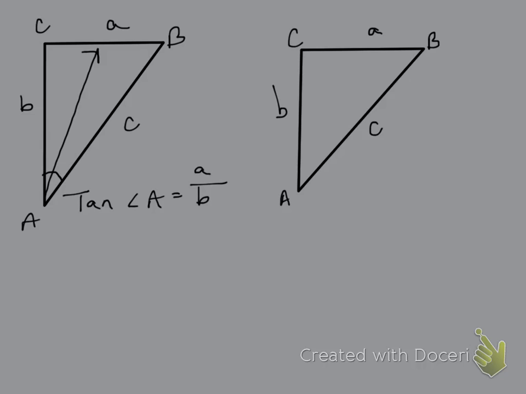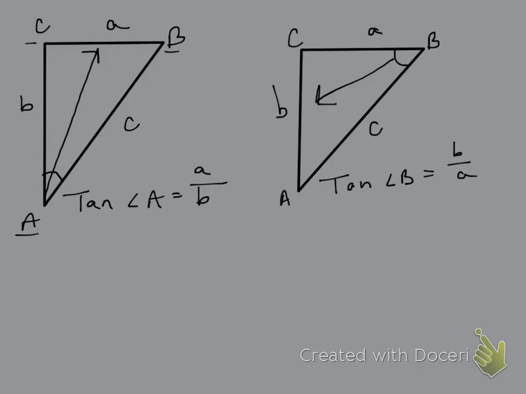Now, normally when we label these triangles generically, like we have A, B, C, the vertices are capitalized letters, and then across from the angle vertices are the same letter but lowercase. So over here, if I was looking at the tangent of angle B, I would be looking at this opposite side here, which would be b over a.